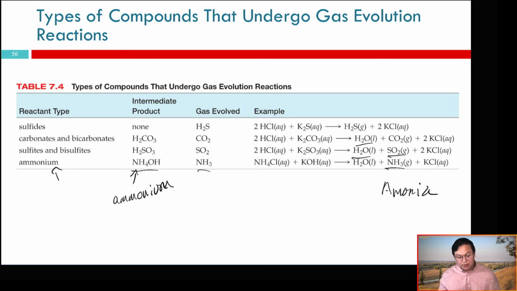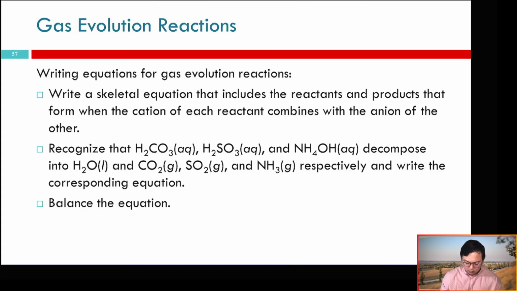So these are the ones that you need to memorize as those are the gas evolving compounds. So sulfides form gases directly. Carbonates, sulfites, and ammonium all form an intermediate product first and then a gas. So we write down our equations for gas evolution reactions.